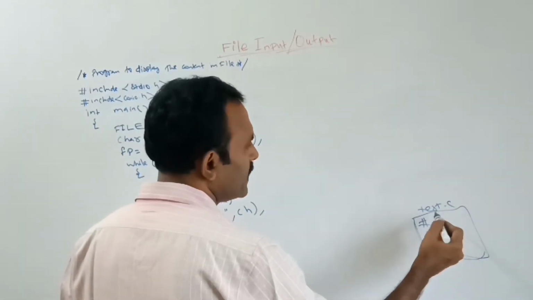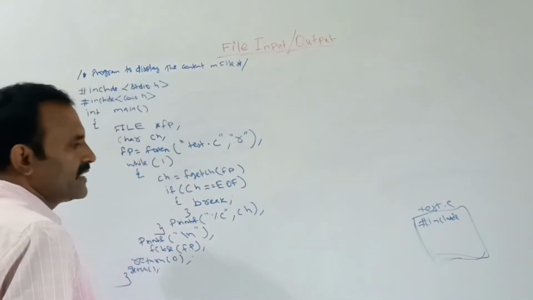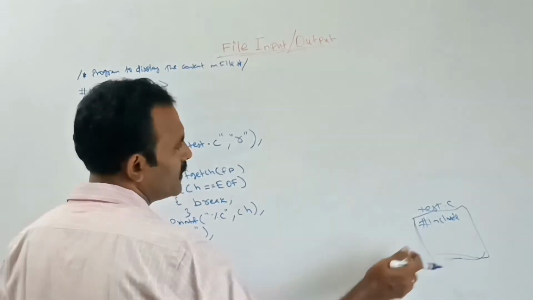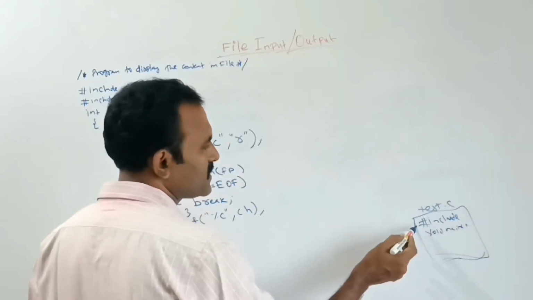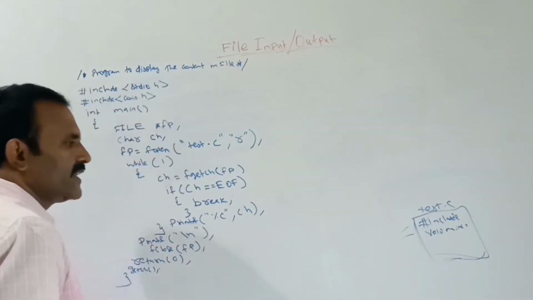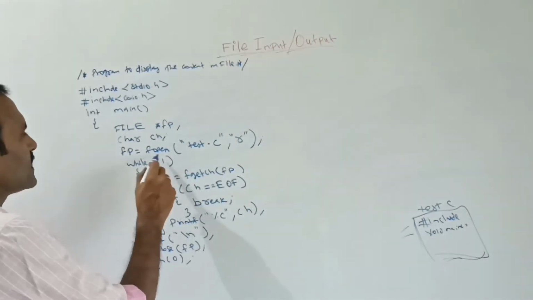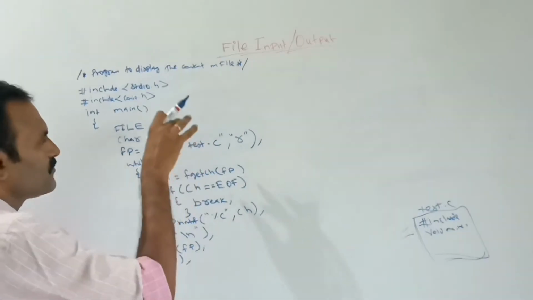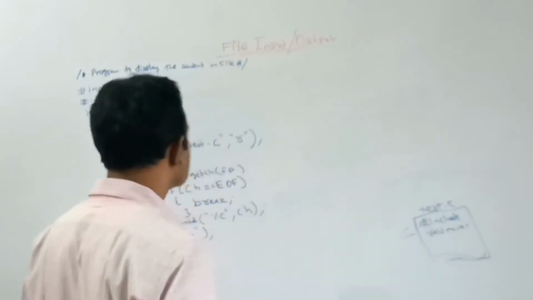Suppose you have this content: include, next, void main. Suppose you have this 2-line content. For example, let us assume by using this fopen, I am telling it to open the already existing file.